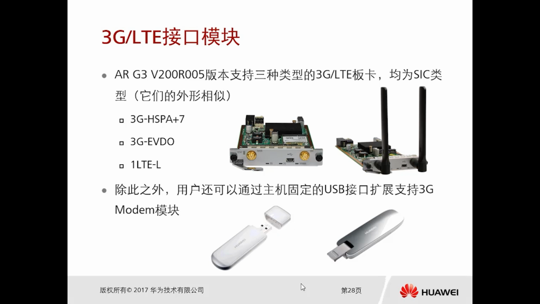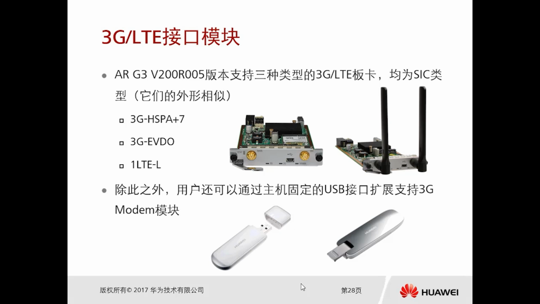Similarly, it is installed in the SRC card slot of the device. Inside this slot, it can provide LTE network service for the enterprise, correct? So that means I can complete data transmission wirelessly with a large bandwidth. It can provide a very high bandwidth.